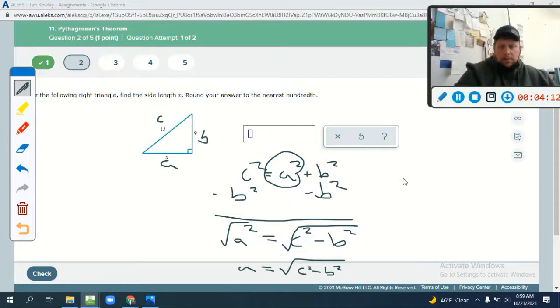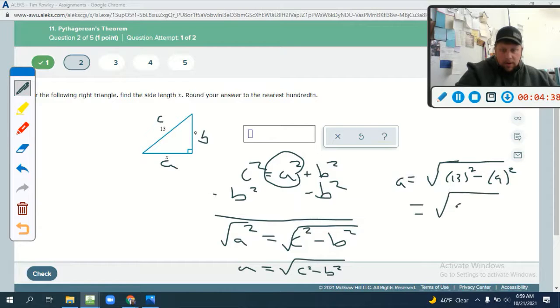Let's go ahead and plug numbers in. So I'm going to have A equals square root of, pardon me for not being the best mouse writer in the world, C, which is 13 squared, minus 9 squared. 13 squared is 169, so this is going to be the square root of 169 minus 81.